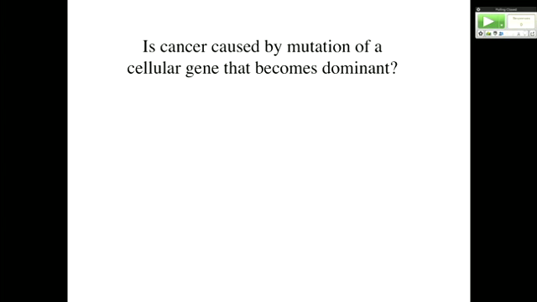Now that leads to a very important and interesting hypothesis, and the question is that cancer may be caused, in general now, by a mutation of a cellular gene that causes it to become dominant over the normal growth control process, such that you have abnormal growth control.